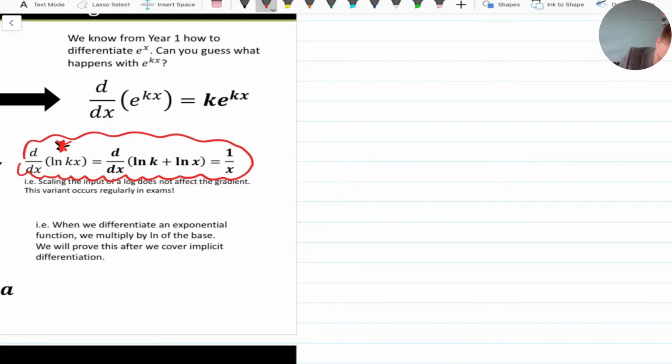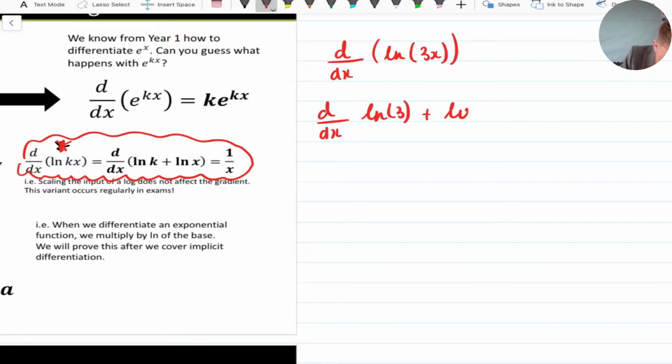However, we know that if I'm differentiating ln of 3x, from our laws of logs, we can split this up. So we're differentiating ln of 3 plus ln of x. Now, ln of 3 is just a number.